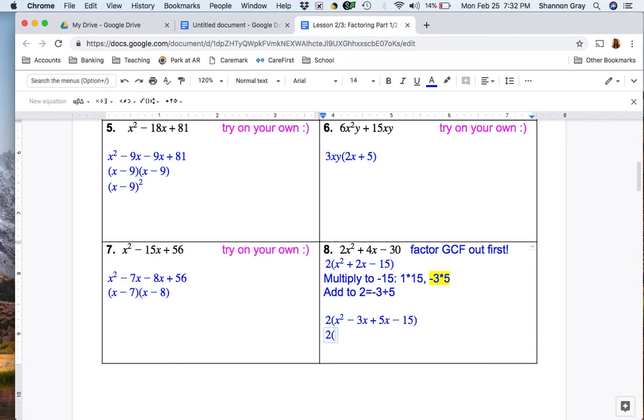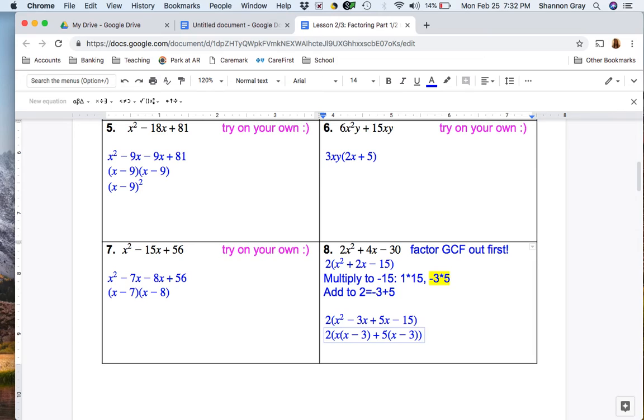And now inside this group, starting here, I know that x is the GCF between these two terms. So I have my x taken out. Then I have another set of parentheses, times x minus 3. And then I'm taking out my GCF of 5, and that's also going to be times x minus 3.